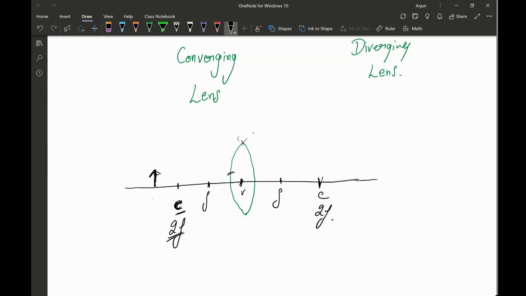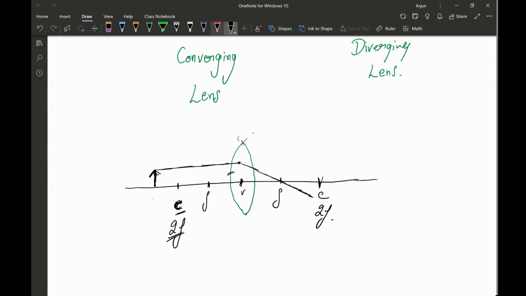Now in this case also we're going to follow a similar kind of rule. First ray parallel to the axis, once it passes through the vertex or the center of the lens, it will pass through the focal point on the other side this time around, because it's a lens, so the ray can pass through the lens.